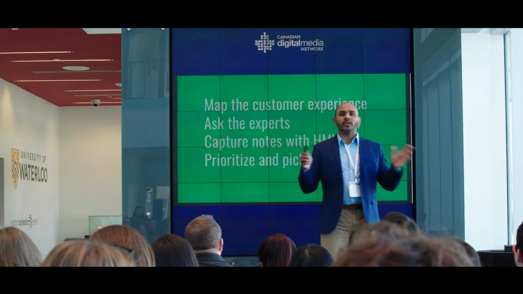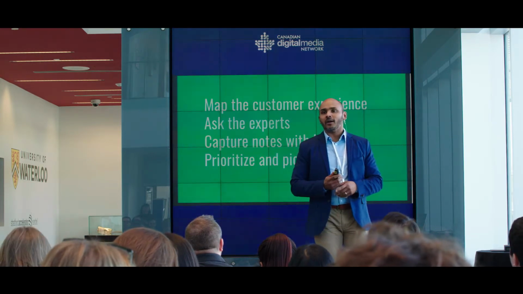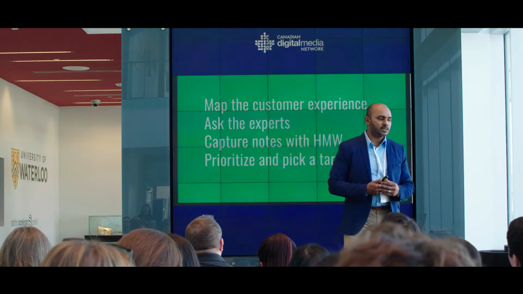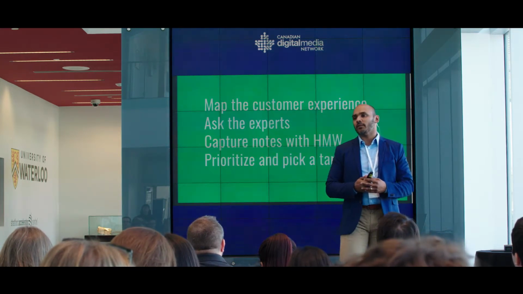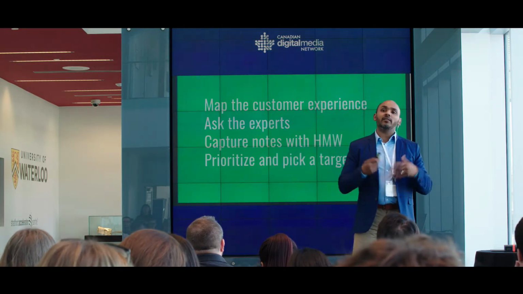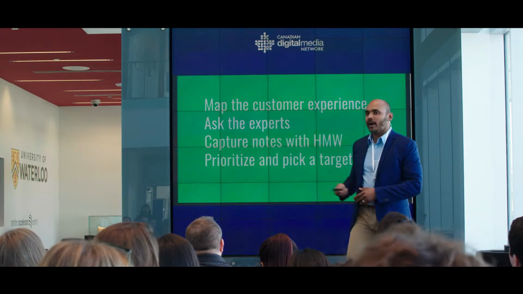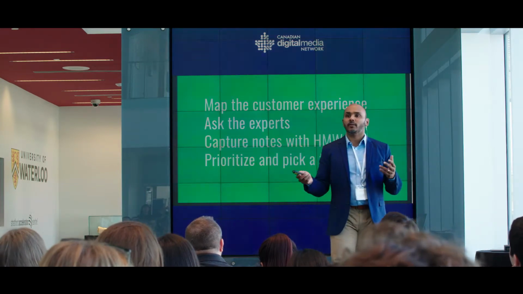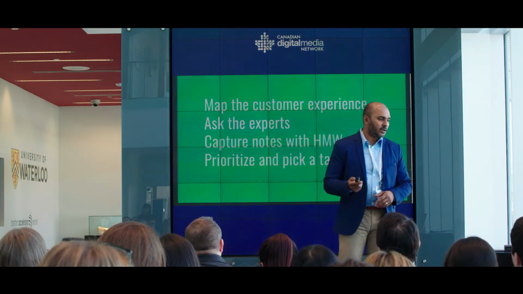User research is absolutely critical, so you should really walk into a sprint knowing something about what your customer actually wants. But you also have the added opportunity to ask people that know more about the problem space than you happen to. And while they're doing that, you might have heard of the HMWs, the how might we's. You'll do that and capture a bunch of notes, and then finally, you'll prioritize and pick a target.